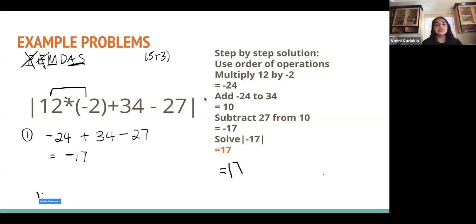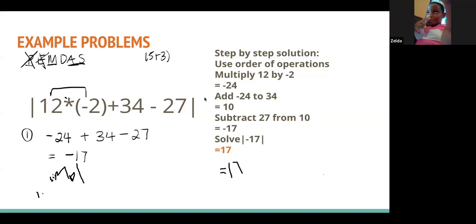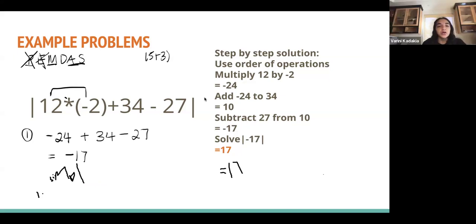When evaluating the expression, the signs do matter. So if 12 times -2 is negative, we have to be sure to account for it being negative. That's why it's -24 and not +24. Does that make sense? Okay. So first we do the multiplication. We know 12 times 2 is 24, and then we just stick on a negative. So we get -24.